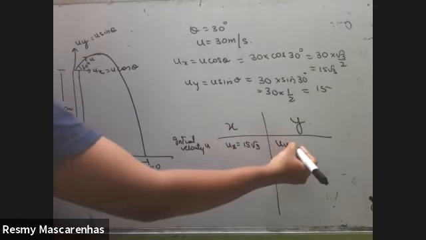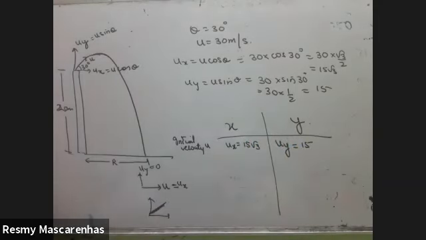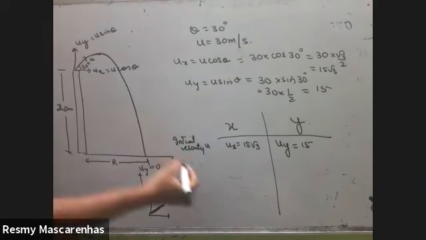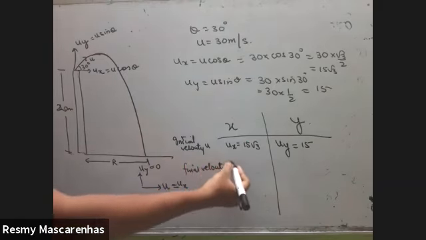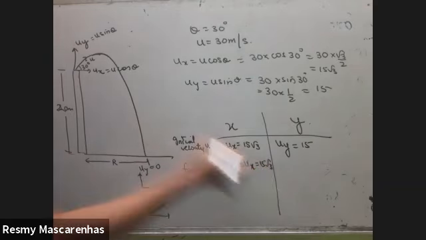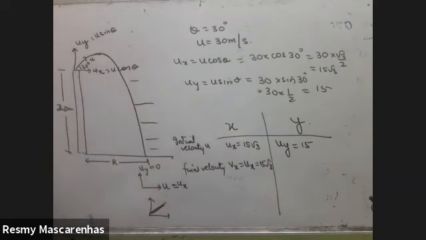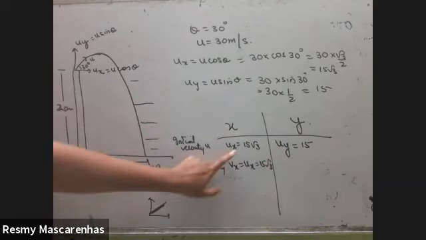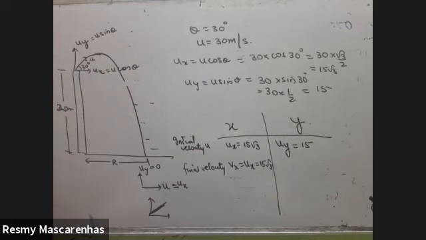Uy is how much? 15. Then final velocity. I told you Vx will always be equal to Ux. Wherever you check at any point, your x direction component will always remain the same. So that will be 15 root 3 only. Vy we don't know.